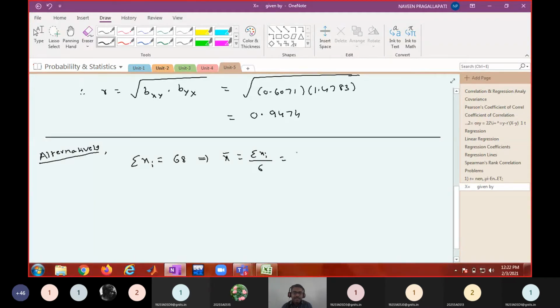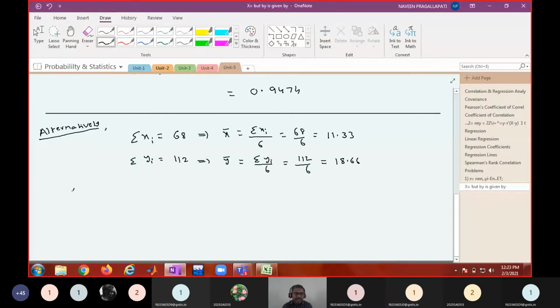So 68 by 6, which is 11.33. Similarly, sigma yi is 112. So from this, what is y bar? Sigma yi 112 by 6, which is 18.66. Now we got x bar and y bar.